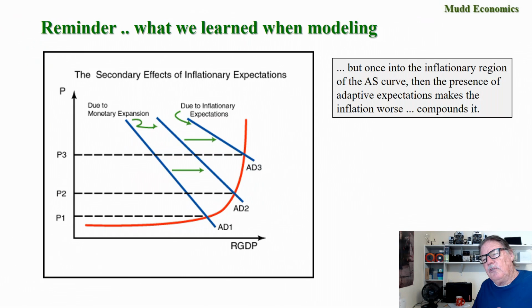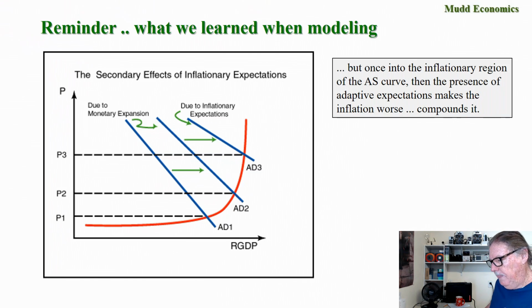If you began to experience adaptive inflationary expectations and see housing prices rise, this might tend to encourage you to accelerate your own demand for a house or the effort to purchase a house so that you can buy it before it inflates away and you can't ever afford it. And this kind of collective behavior in an economy can actually continue to shift the aggregate demand curve out due to inflationary expectations, which is that feature of inflation that makes inflation worse, that compounds the problem. So that we saw in the model.